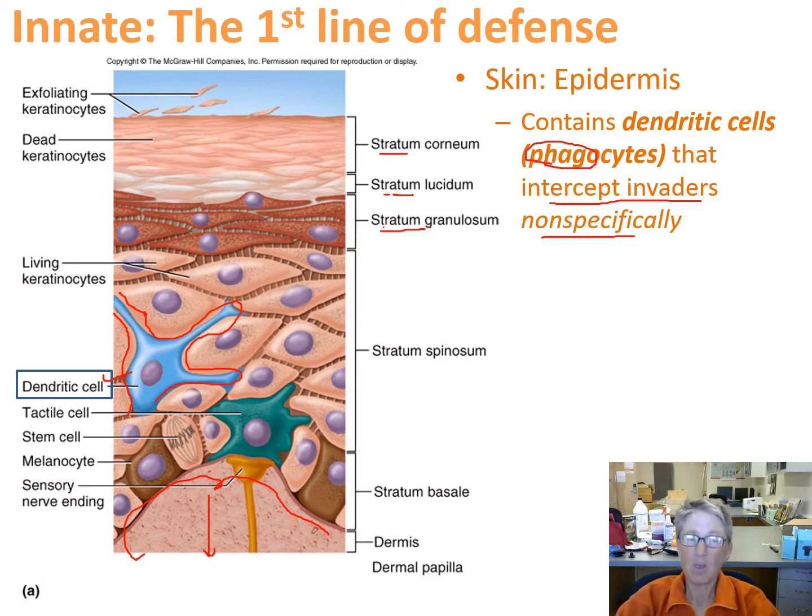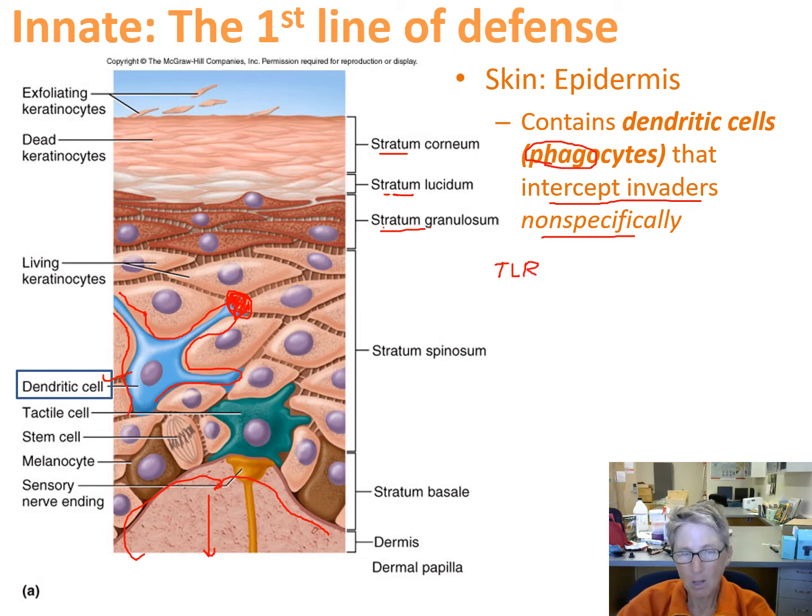What that means is this dendritic cell has the ability to find a bacterial cell, let's say a bacterial cell is right here, non-specifically. This dendritic cell doesn't have a specific receptor that can only identify this bacteria. This dendritic cell has a receptor called a TLR, a toll-like receptor.